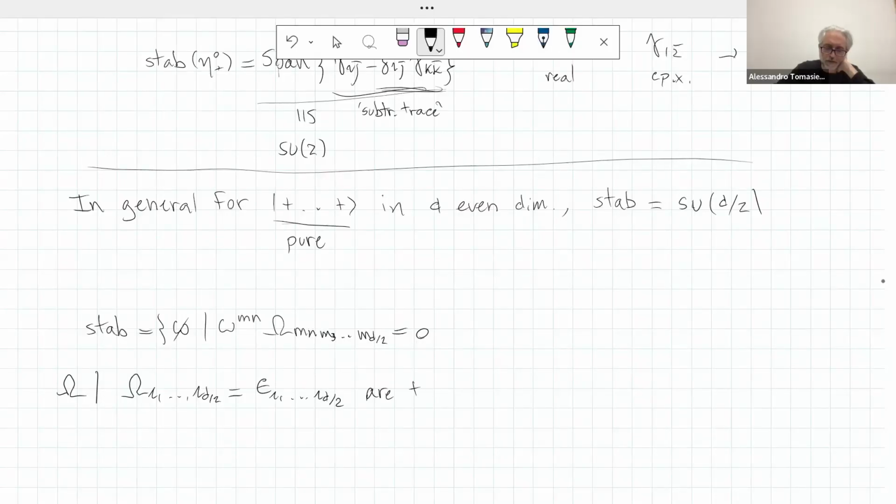And these are the only non-zero components. In other words, omega will be an exterior product of all the holomorphic, of all the complex coordinates.